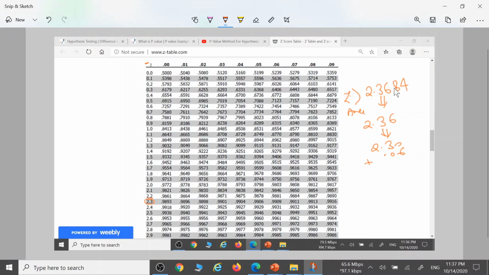Now towards the right direction, we have to check the 0.06. This is your 0.06 and this is your 2.3, so in this region the area is coming 0.9909.